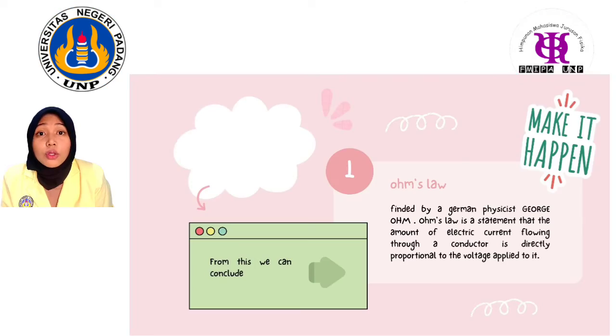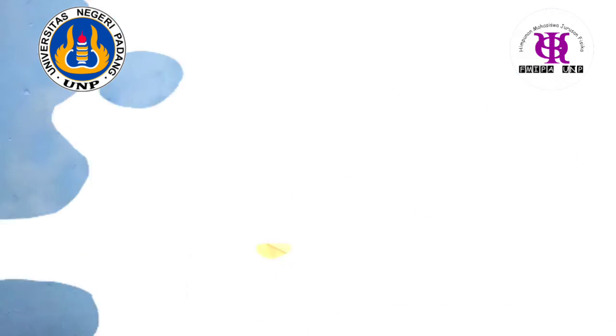From this, we can conclude that Ohm's law was a law founded by the German physicist Georg Ohm, where Ohm's law is a statement that the amount of electric current flowing through a conductor is directly proportional to the voltage applied to it, with the formula I equals V divided by R, where I is the current in amperes, V is the voltage, and R is the resistance. That's all I can give.